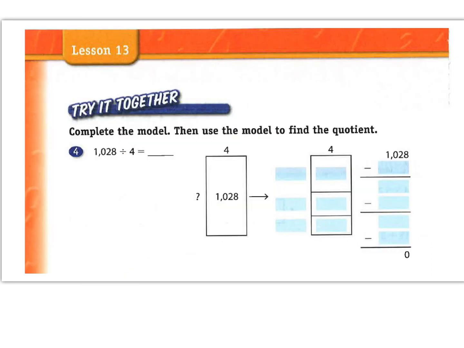So here we go, complete the model, then use the model to find the quotient. So remember the quotient is an answer in a division problem. So we need to get the biggest number we can to subtract from here. So if we did 200, let's actually do a bigger number.